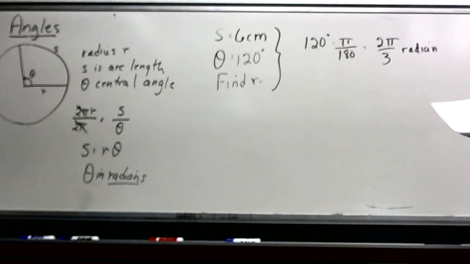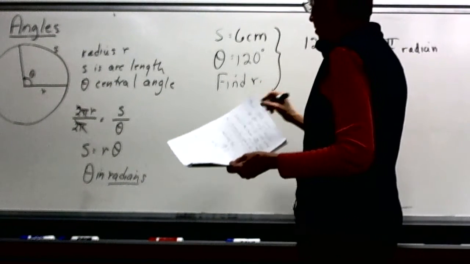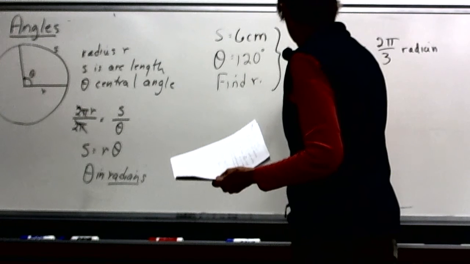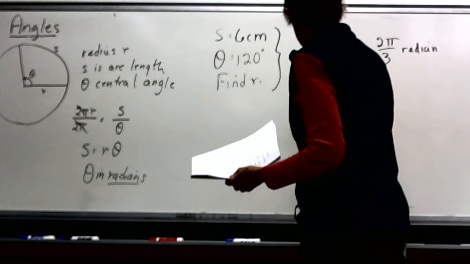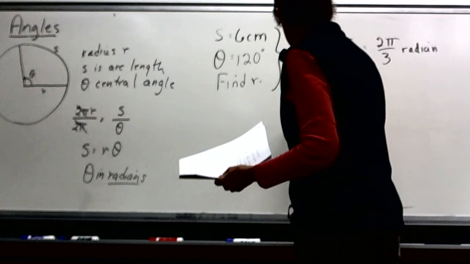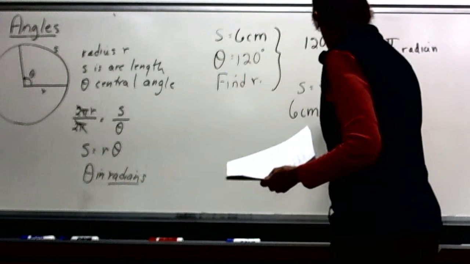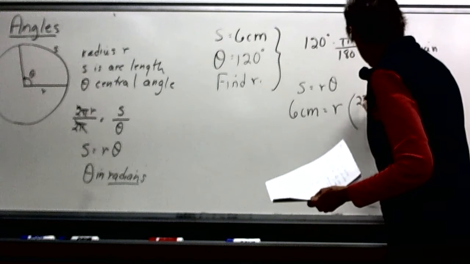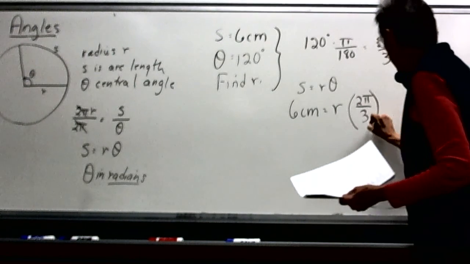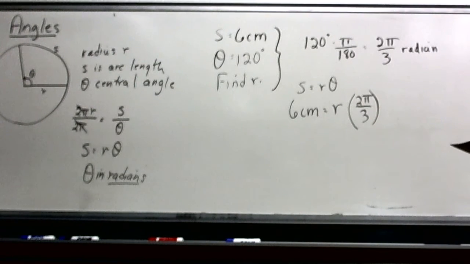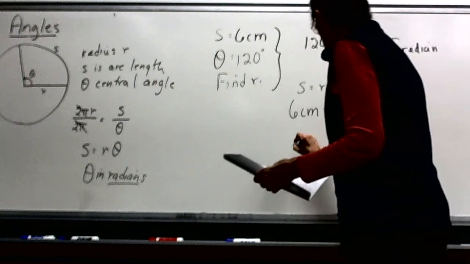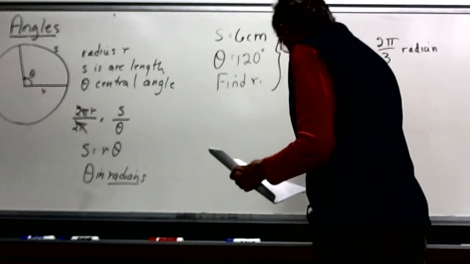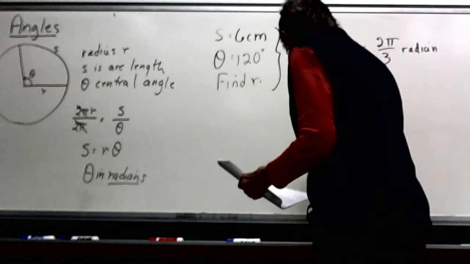And now we can put it in the formula, s equals r theta. We have 6 centimeters equal to r, and then our theta, 2 pi over 3. And we just multiply by the reciprocal of our angle here, and we come out with r equal to 9 over pi.